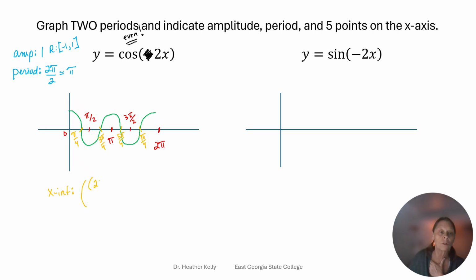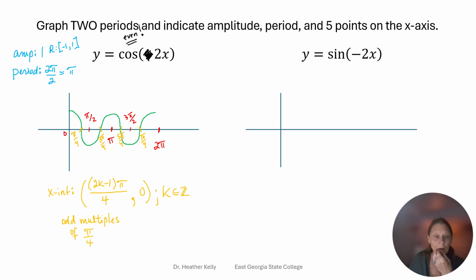So that's going to be (2k minus 1) pi over 4, comma 0, where k is an element of the integers. This is the odd multiples of pi over 4. That's how we write that.